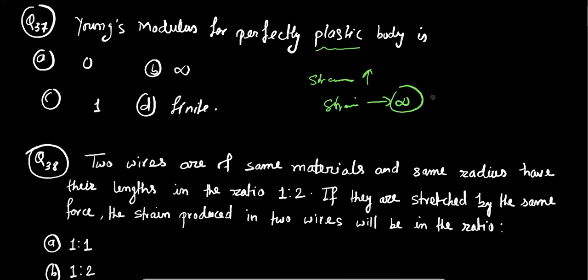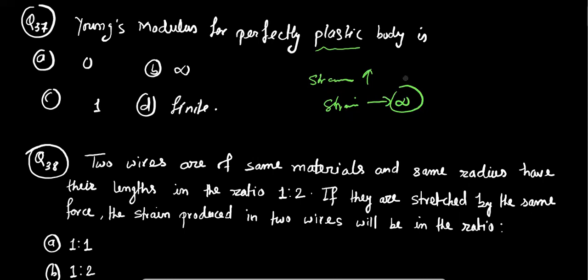Okay, so which means that if we apply a small deforming force, it will cause a large deformation in an object, then that particular object is said to be plastic. Okay, so in the ideal case we are going to suppose that plastic bodies are those bodies in which strain is supposed to be infinite.